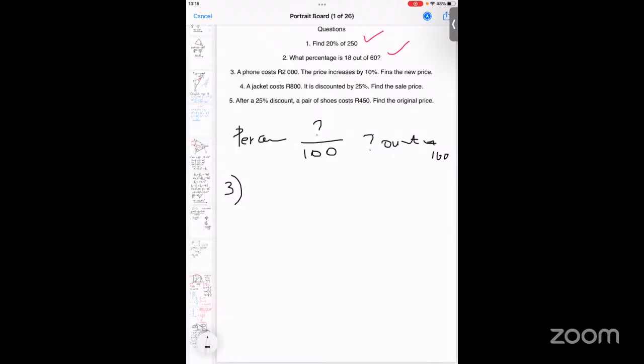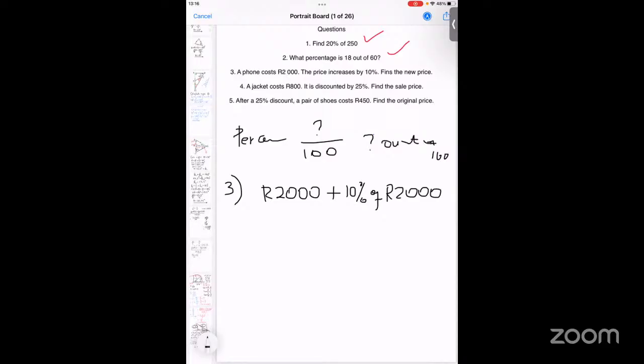So if we try to visualize what is actually happening there, what we know is that this phone costs 2,000. So to get to the new price, it must be an addition of an extra 10% on that 2,000.